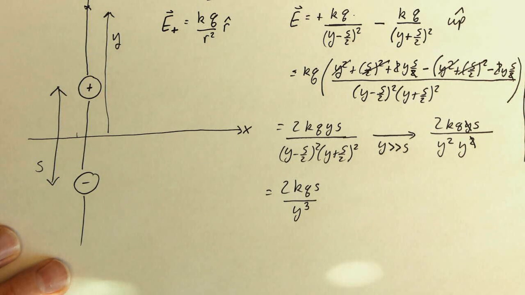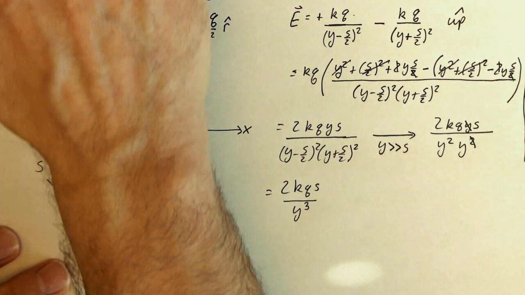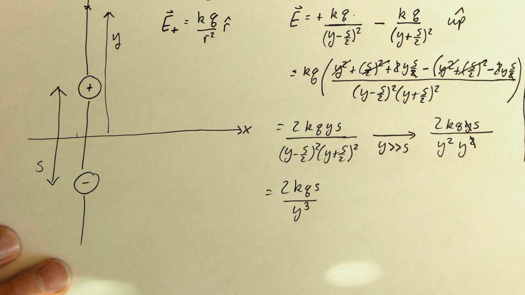That is the electric field that I would measure along the axis of a dipole, a molecule or a pair of charges that are opposite in sign but equal in magnitude and spaced a distance s apart.